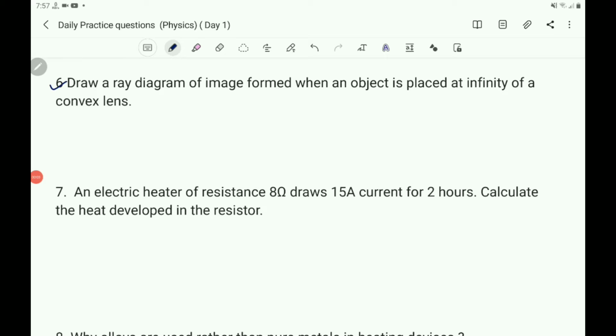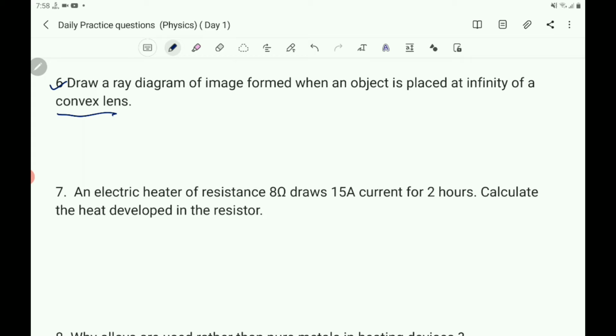Next, the sixth question, that is a 2 marks question. Draw a ray diagram of image formed when an object is placed at infinity of a convex lens. Children, go through the first video of the ray diagram of image formed when the object is placed at infinity. You know that when the object is placed at infinity, you will get the image at the principal focus.